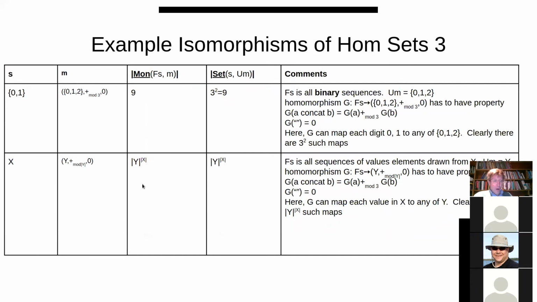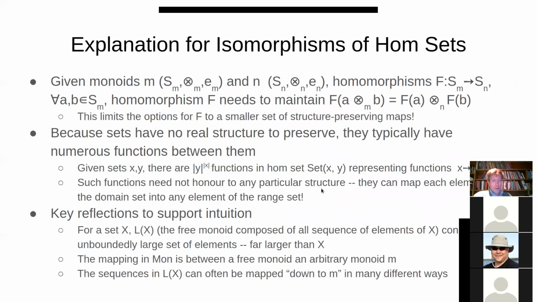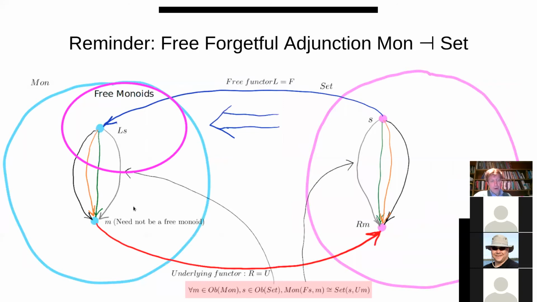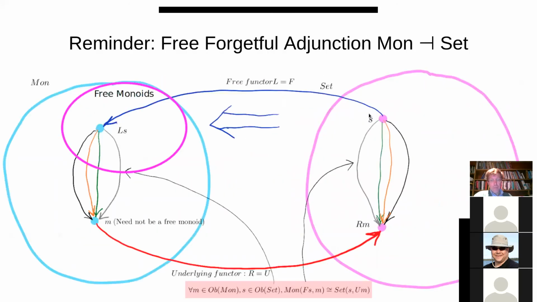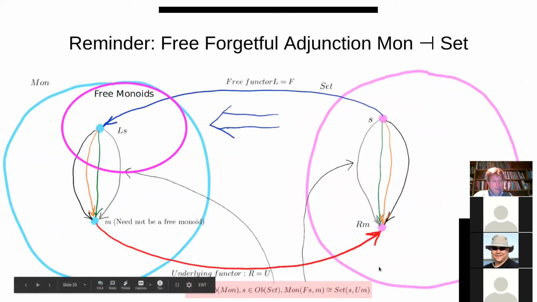And in general, if you have some set X and some set Y, by virtue of what you need to do to adhere to the homomorphism property here, you have Y to the X possible monoid homomorphisms, and you have Y to the X possible maps between the corresponding sets.